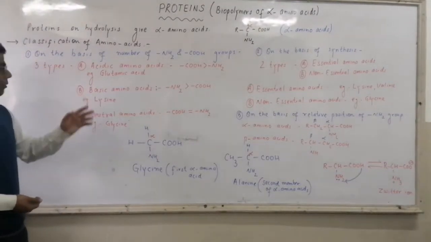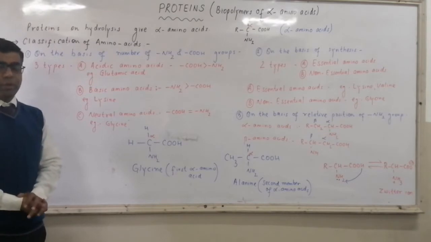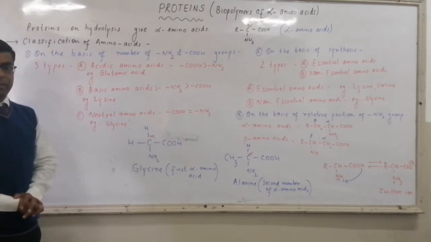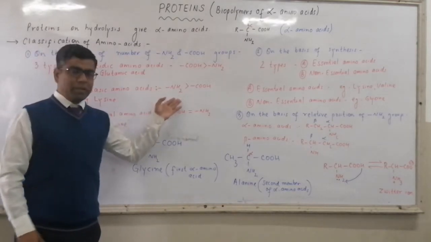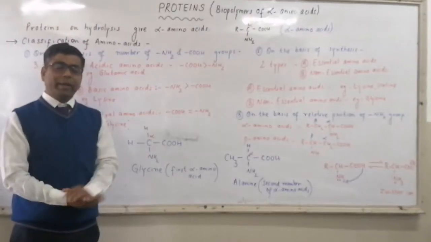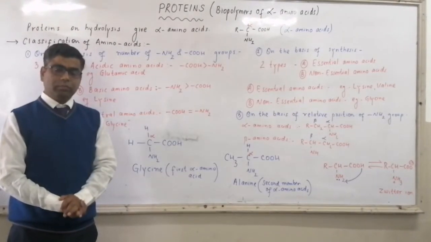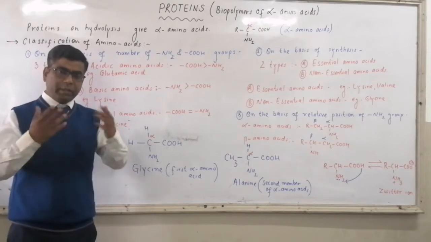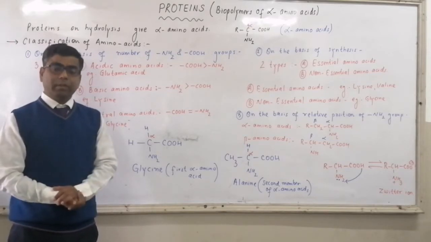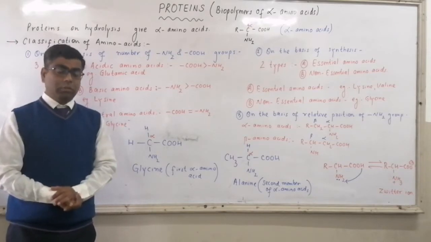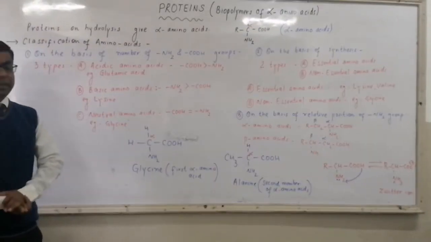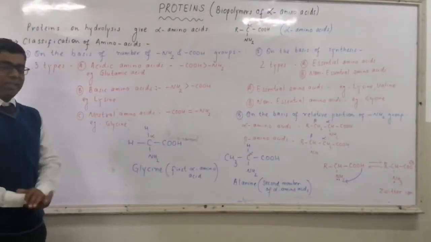Then we have next type, basic amino acids. Number of NH2 group is more than C double bond OH group. Basic groups are more than acidic groups. So they will exhibit basic property. That's why they are called basic amino acids.